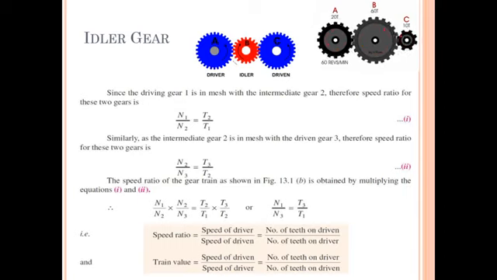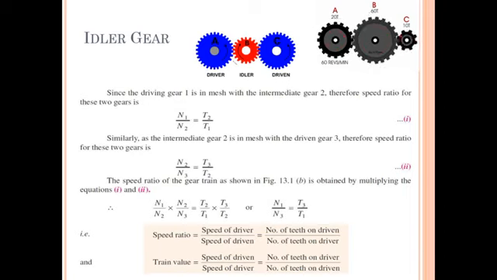Therefore both the gears, input and output gears, will rotate in opposite direction in case of an even number of idler gears, isn't it?